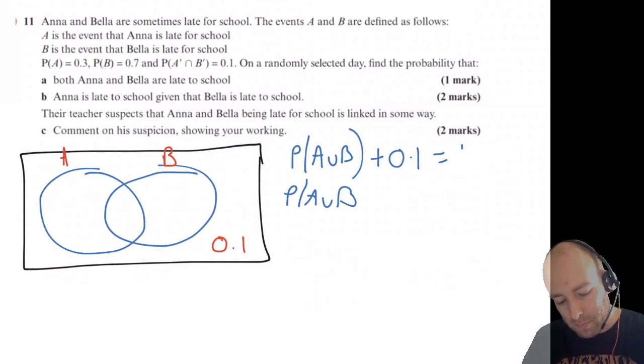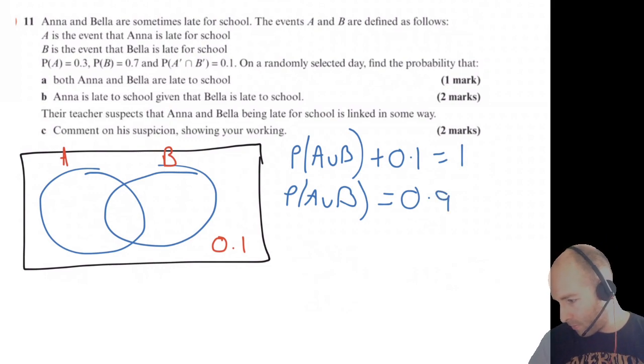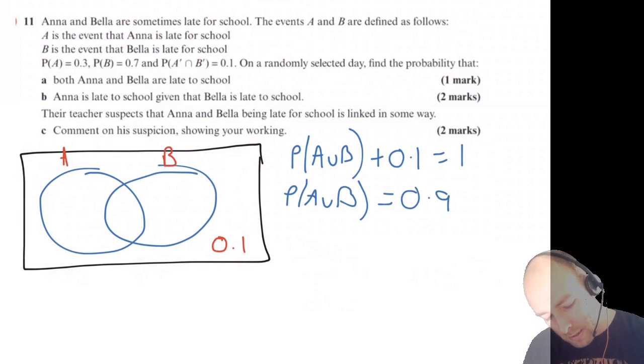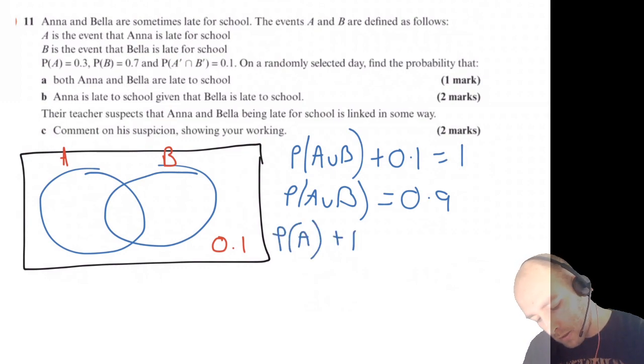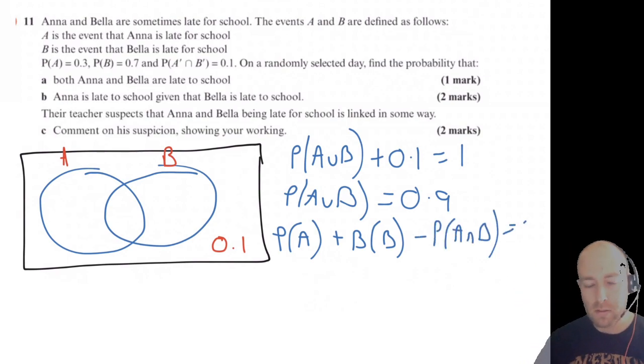So A or B should equal 0.9. Okay. And I know that A or B is A plus B minus A and B, which should in that case be 0.9.